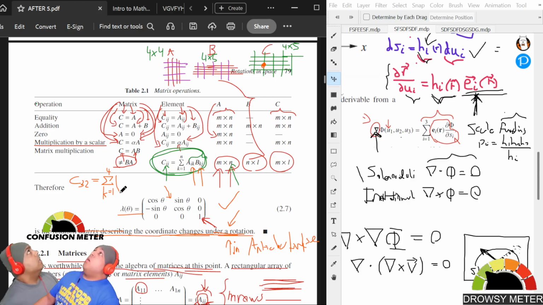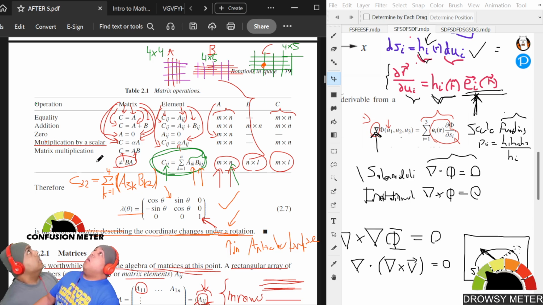And then we need to look at the elements A_ik, where i is 3, so A_3k, and B_kj, where j is 2, so B_k2.